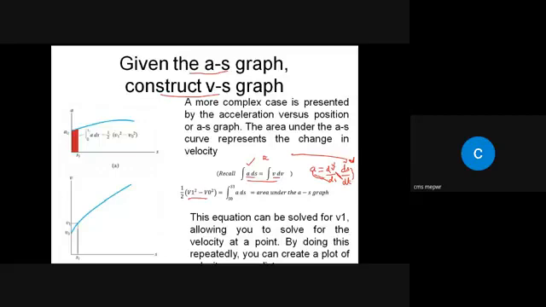When you take the integral, you will get this equation and this equation. On the left side we have velocity, and on the right side we have acceleration ds.